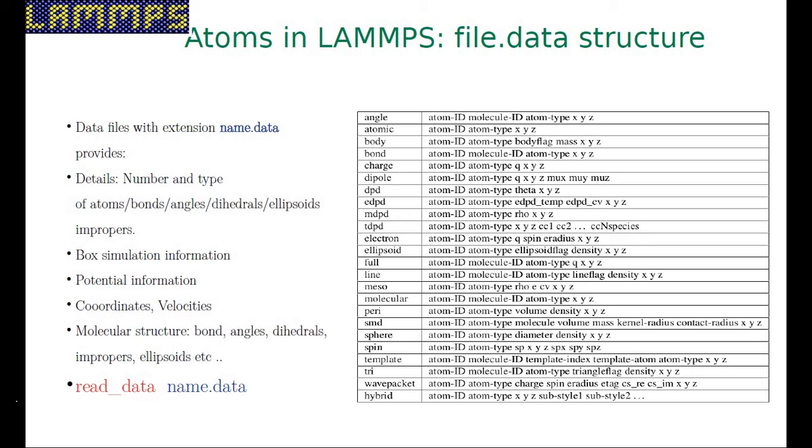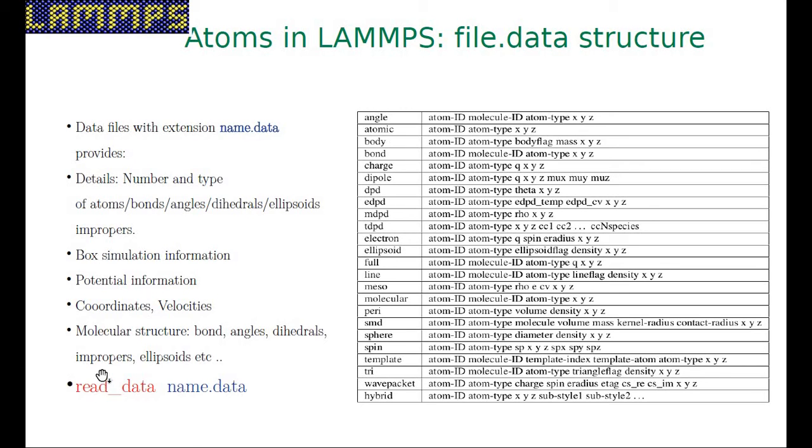Atom in LAMMPS, the file data structure. So the data file with extension name.data provides the information we have explained before. But there are different details, different formats we can use to build a data file.